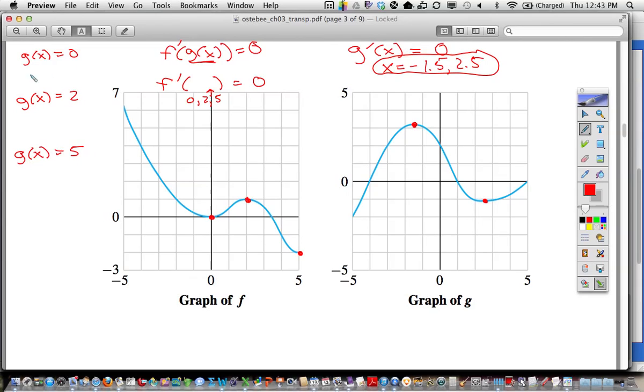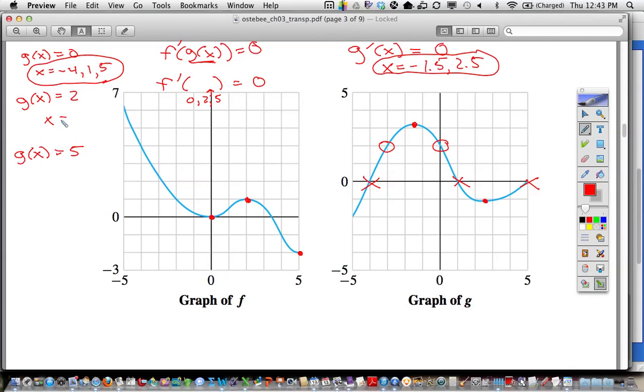So here we go. When does g of x equal 0? At 1, negative 4, and at 5. So when x equals negative 4, 1, or 5. So there's 3 more x values to make it work. What about when g is 2? 0 and negative 3 is when g is 2.